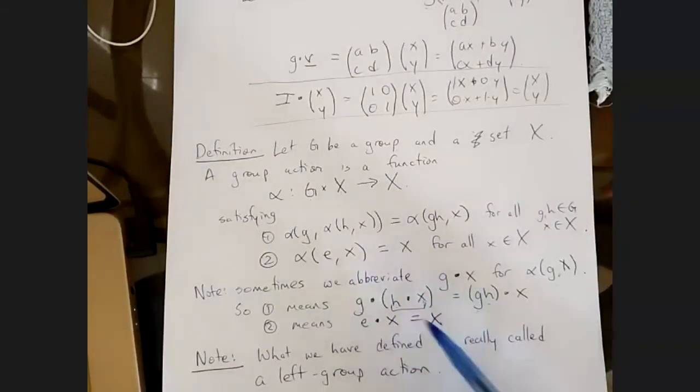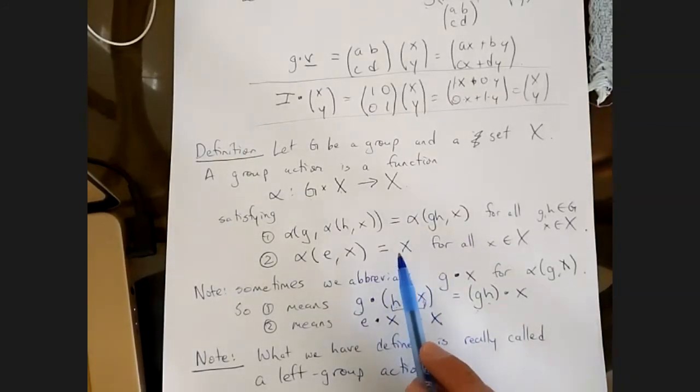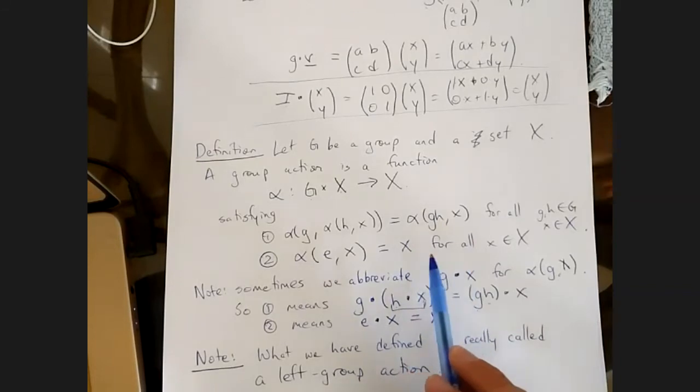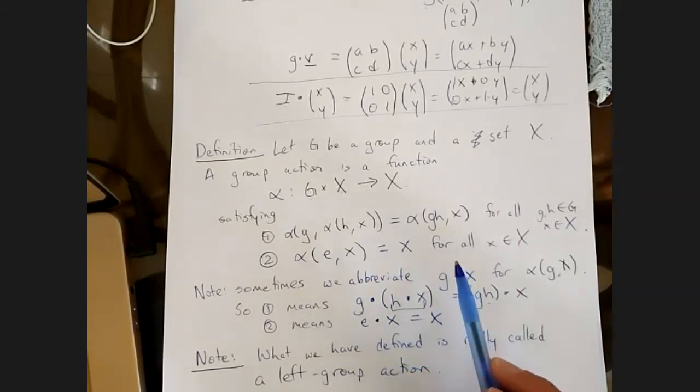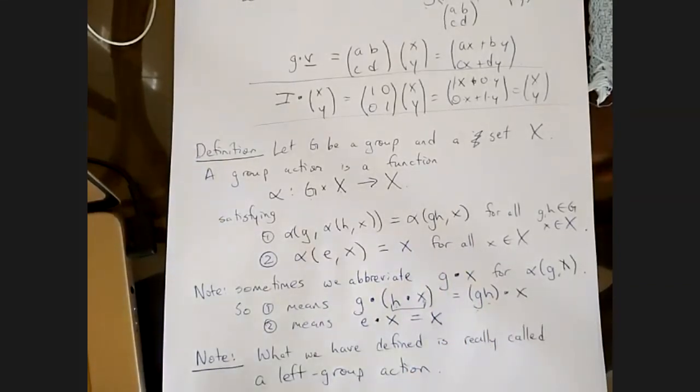There are other group actions where, instead, when G acts on X, it's like XG, and that would be a right group action. I don't want to talk too much about that, but just know that in the world, you might see right group actions. That's something slightly different.